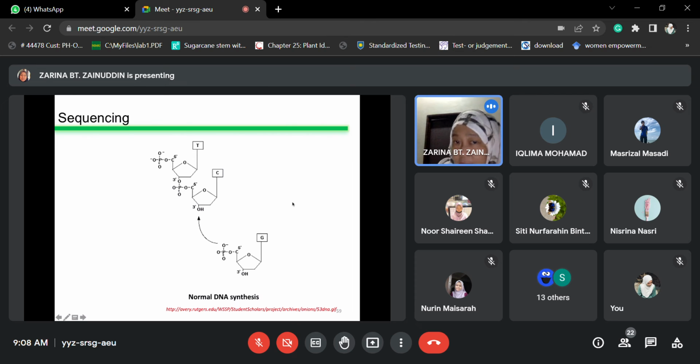So you see, this is a normal DNA synthesis. Let's say you have a template strand here, imagine a template strand, and you have a primer. Here the template has C, and A, so T will be added. Here the template has G, so C will be added. They are added by the formation of a phosphodiester bond, and the substrate being added is a deoxynucleotide.